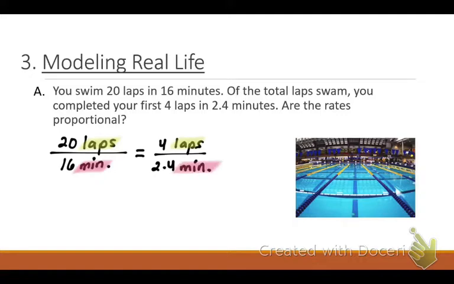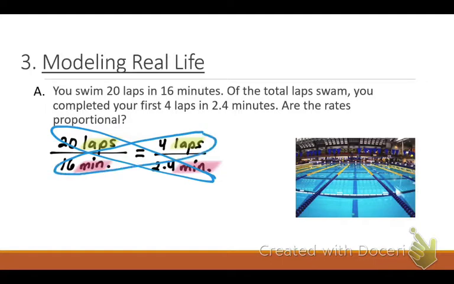So now let's do this like we've been doing today, cross products. What's going to be across from 20 laps? 2.4. So circle that. And then what's across from 16? 4. Let's drop down the equal sign. On the right side, I'm going to write 20 times what? 2.4.